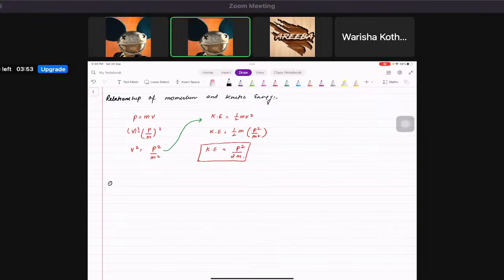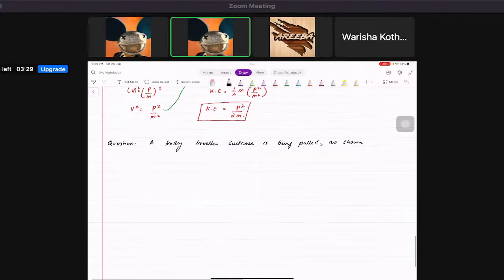So the question is that a trolley, a traveler bag, a suitcase is being pulled as shown.